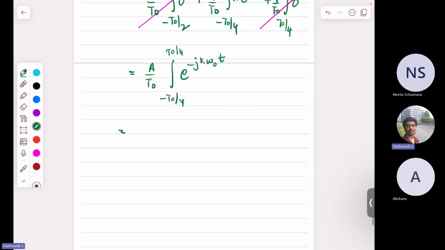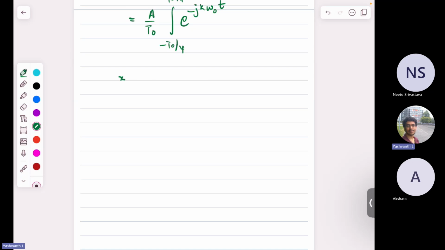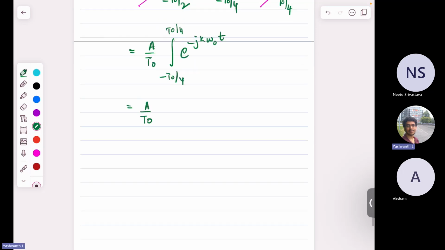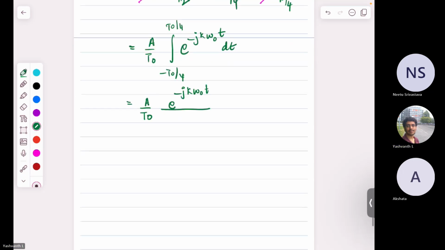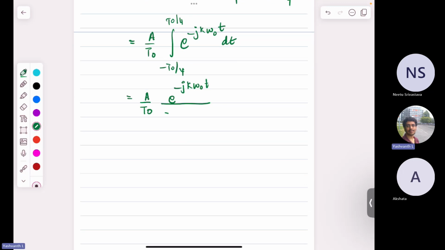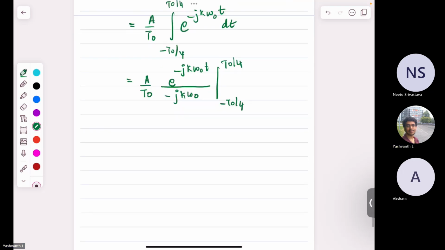Now just integrate it. A by t0 into e raised to minus jk omega naught t, dt, by minus jk omega naught, from minus t0 by 4 to plus t0 by 4.